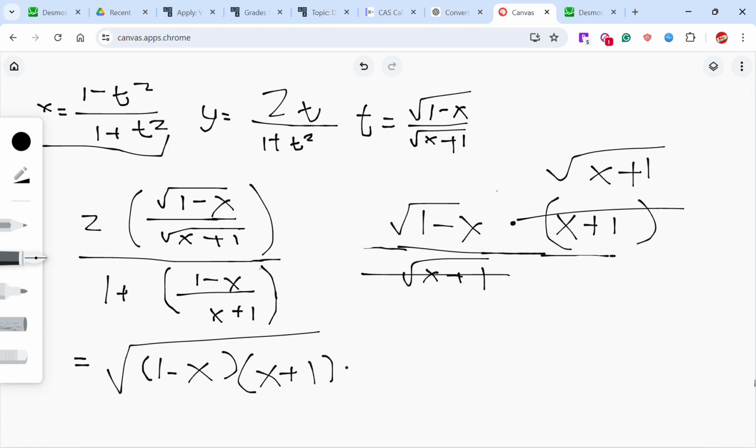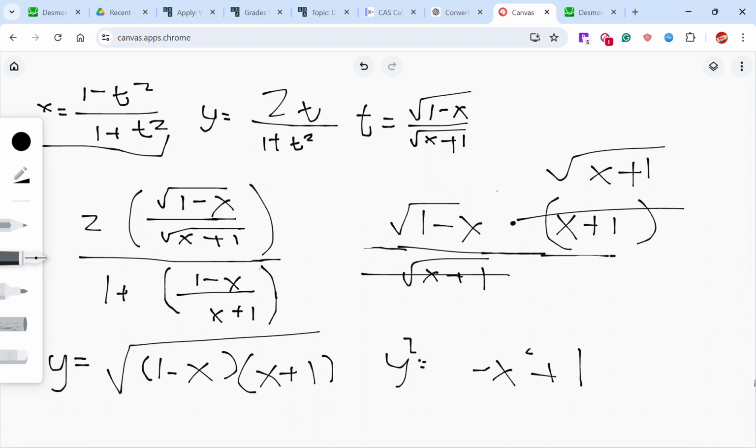Now remember, this is equal to y, so we can plug y here. We expand the stuff in the square root. That gives us, let's think, x squared plus 1. And now after that, we can square everything, get rid of this square root here.